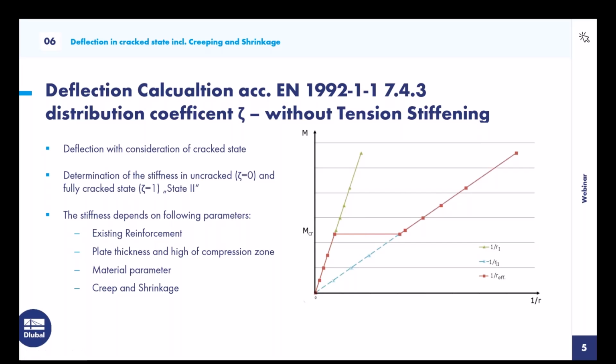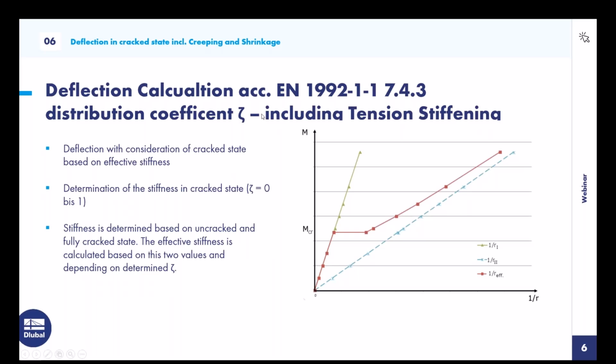I have also the option to use the calculation including tension stiffening. This is our default setting, so if you do not change it, the program automatically always calculates the deflection including considering the effect of tension stiffening.